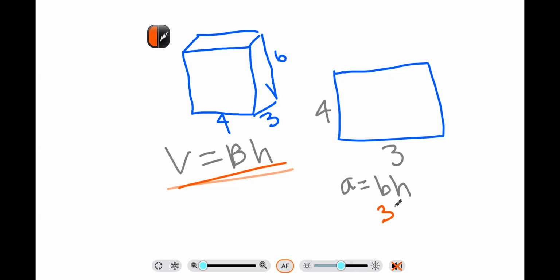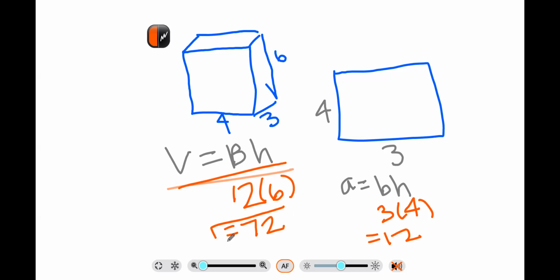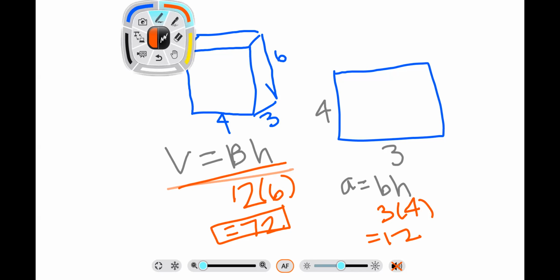So 3 times 4, which is 12. So my big B is 12. Okay. The height of my shape is 6. So multiply by 6, and 12 times 6 is 72. So the volume of this shape is 72.